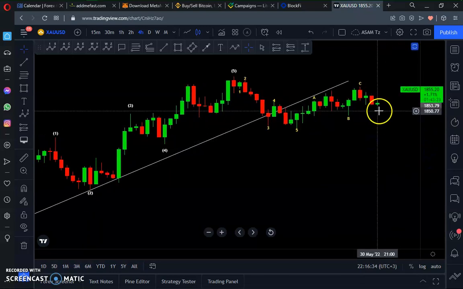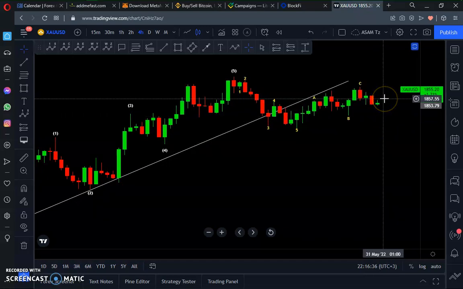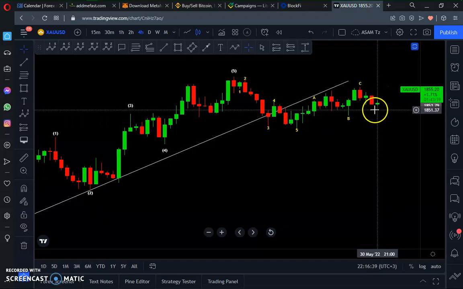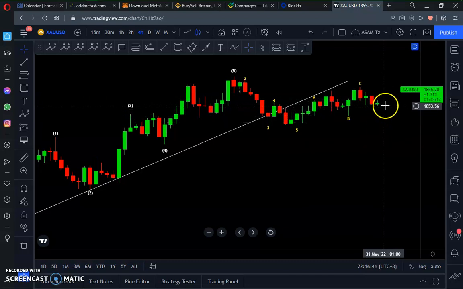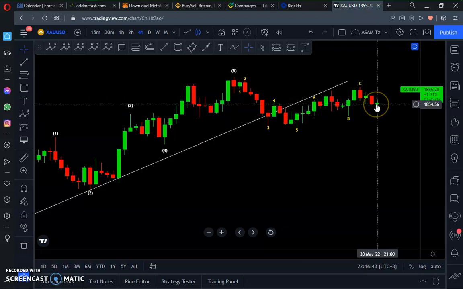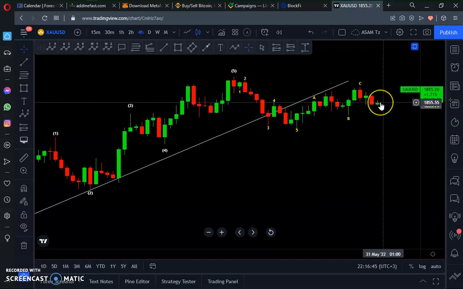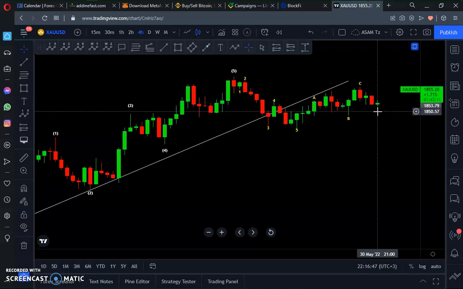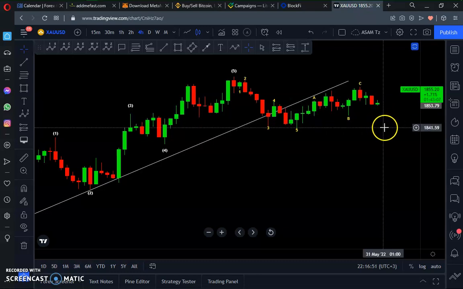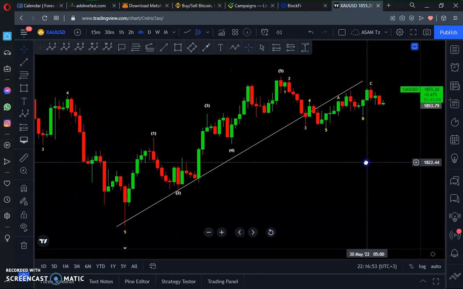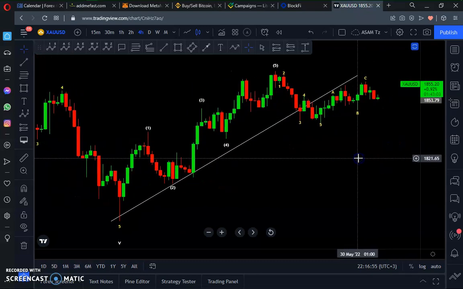Now the next one started with a bullish move, and currently it is rejecting to the downside. So if this next candle closes with this rejection to the upside, it will be a clear indicator for price to keep on falling. So those are observations in the 4-hour time frame.